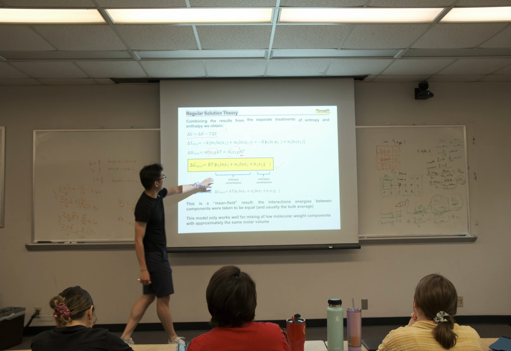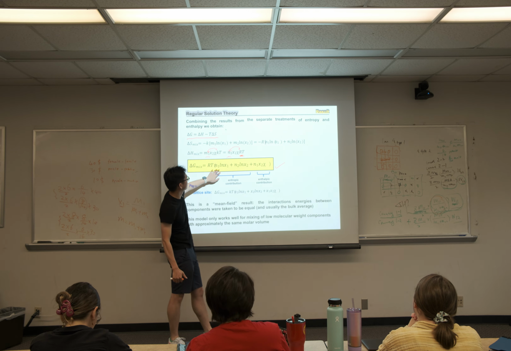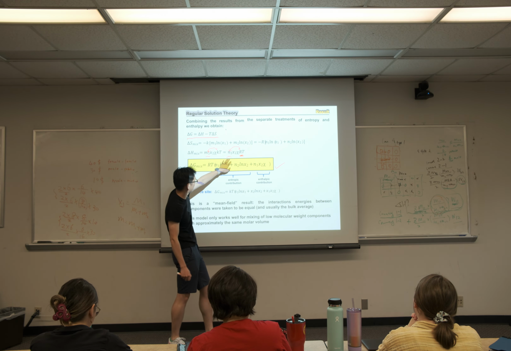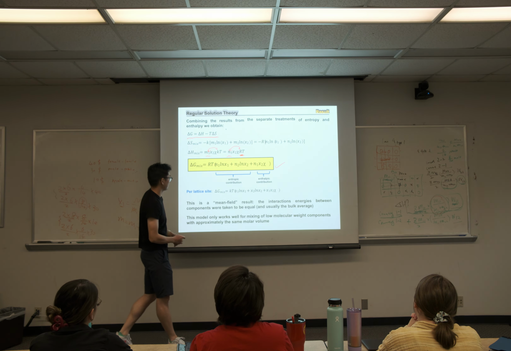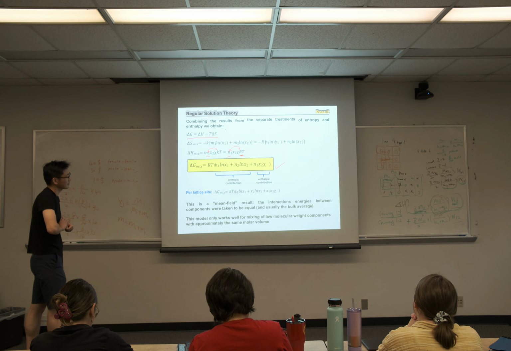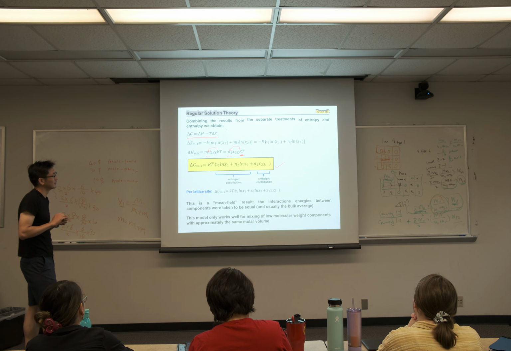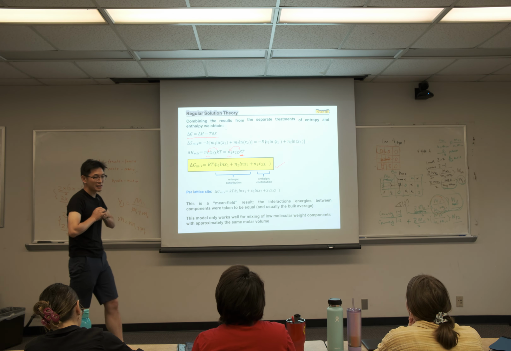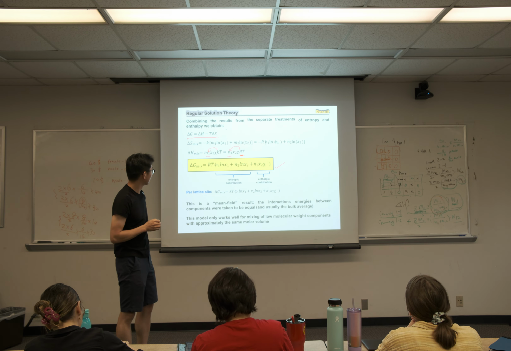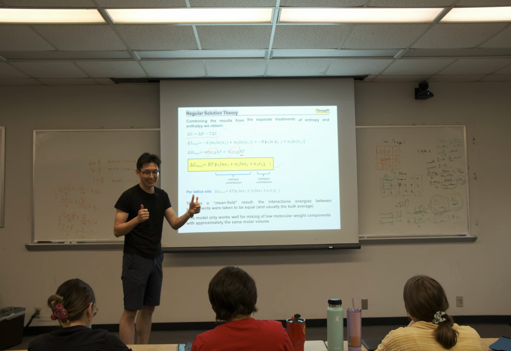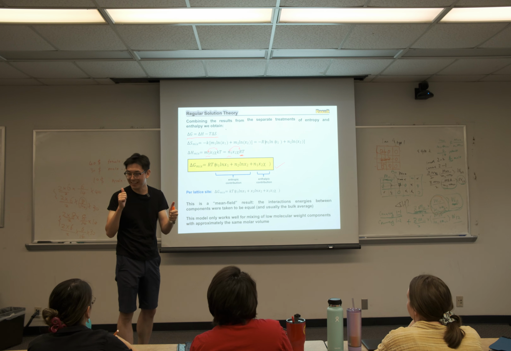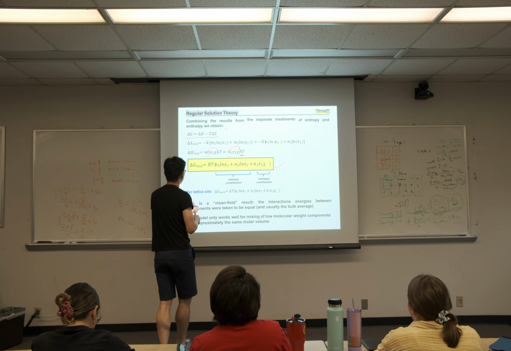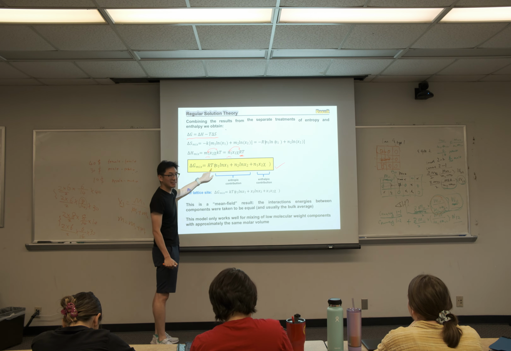And the first part is the entropic contribution coming from the last lecture. This is the enthalpic contribution coming from this lecture. So let's do an example in the next minute. If I'm mixing toluene and hexane, 1 mole of toluene, 1 mole of hexane, delta G would be RT.